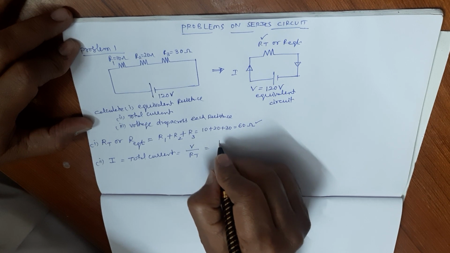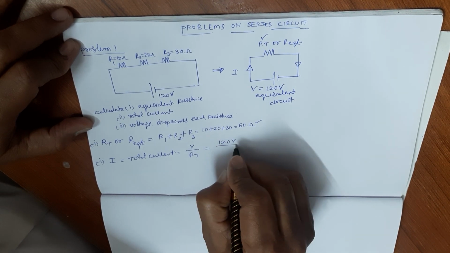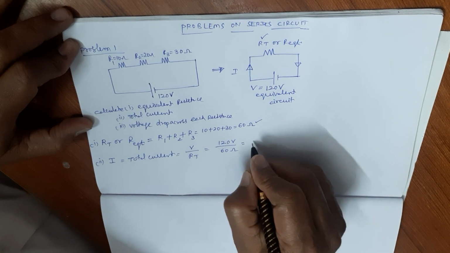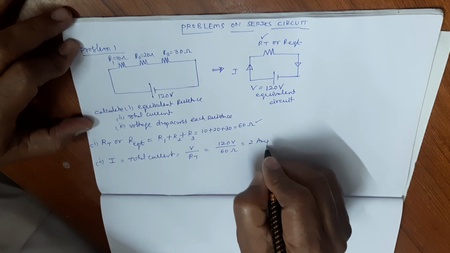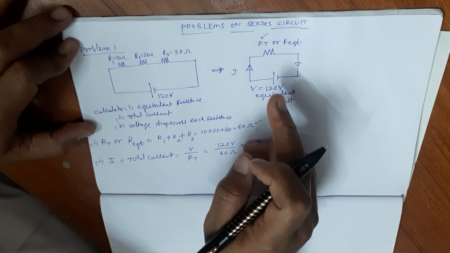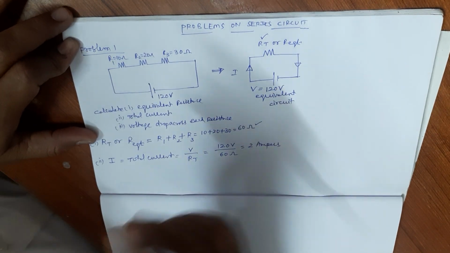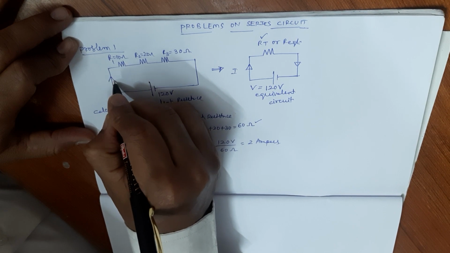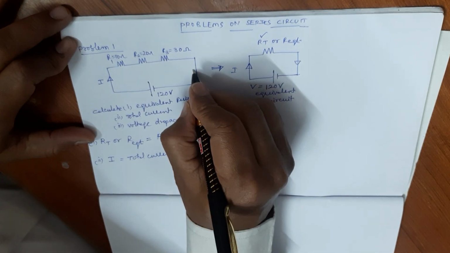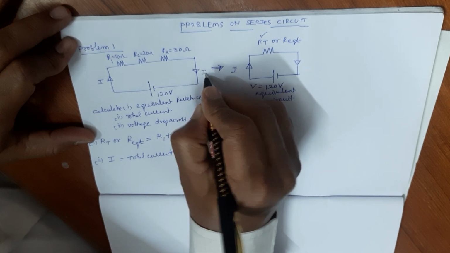The given voltage is 120 volts by total resistance 60 ohms. So total current is 2 amperes. Once we know the total current in a series circuit, as we discussed in the concept of series circuit, the current flowing in all the three resistances is the same. The current will be written like this.